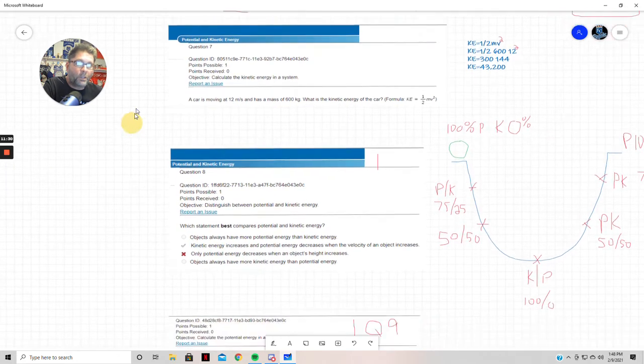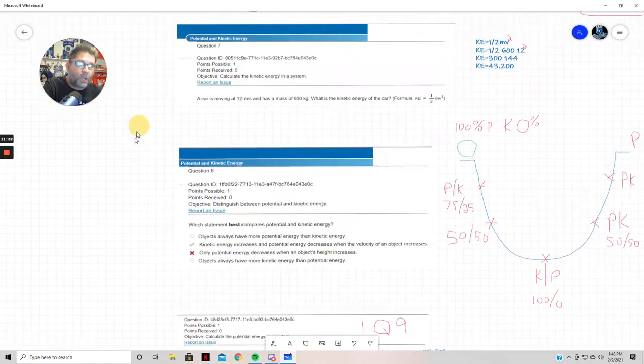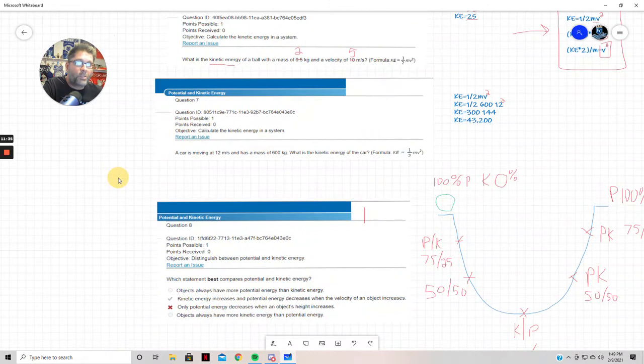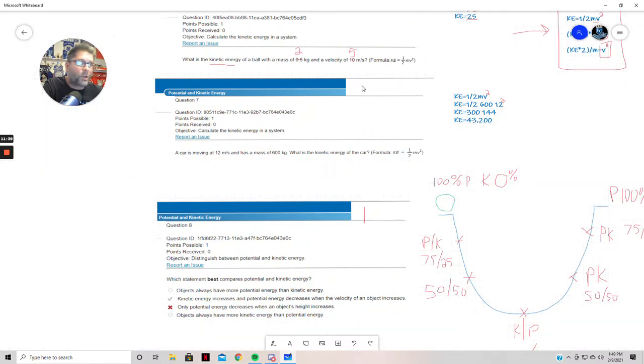Okay, so this, I don't know where, I thought I numbered all these. I think this is attempt 1, question 7, but I'll double check that.